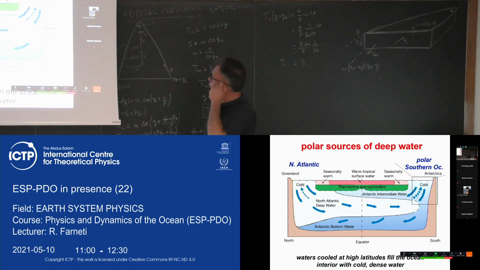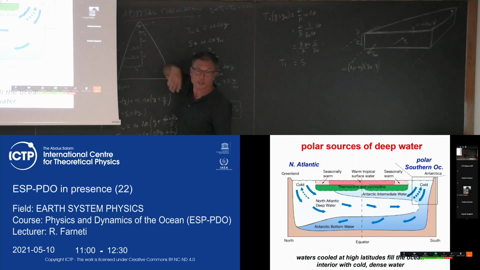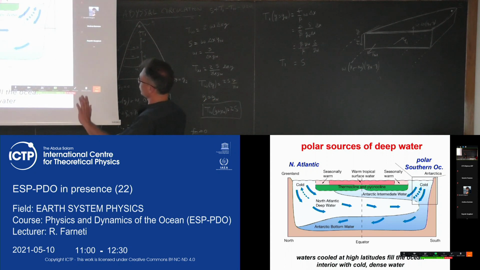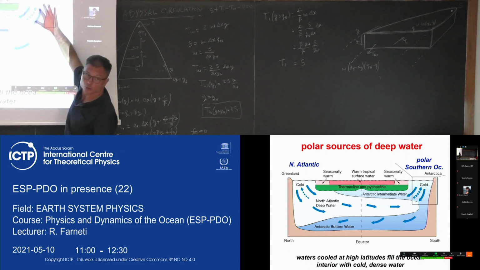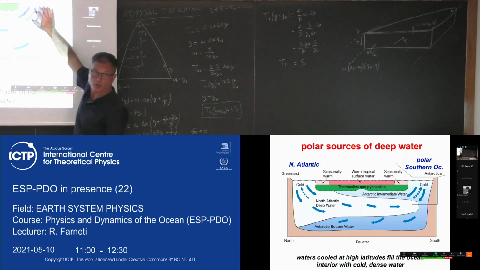So these source regions, we put one here in the North Atlantic, we can put another one close to Antarctica. The sources of deep water are basically located, this graph is north-south instead of south-north, but anyway. So you generate deep water in the North Atlantic and you generate deep water close to Antarctica, mainly through brine rejection.